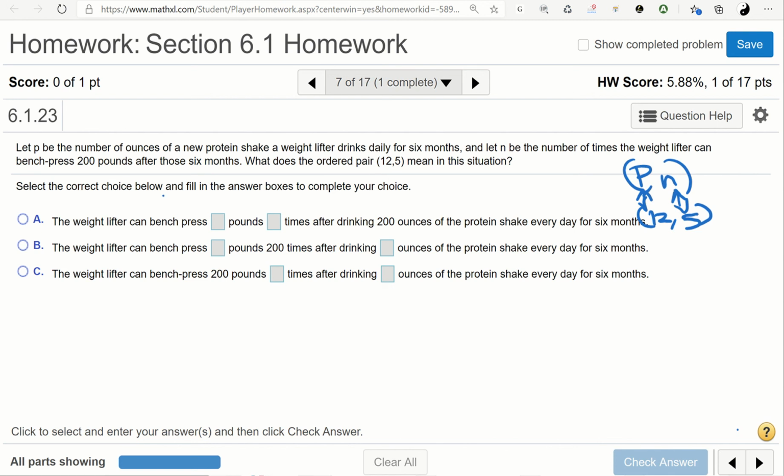Select the choice below and fill in the answer boxes to complete your choice. So we know that 12 ounces of the protein shake per day should result in the weightlifter being able to bench press a 200-pound weight 5 times after those 6 months, right?